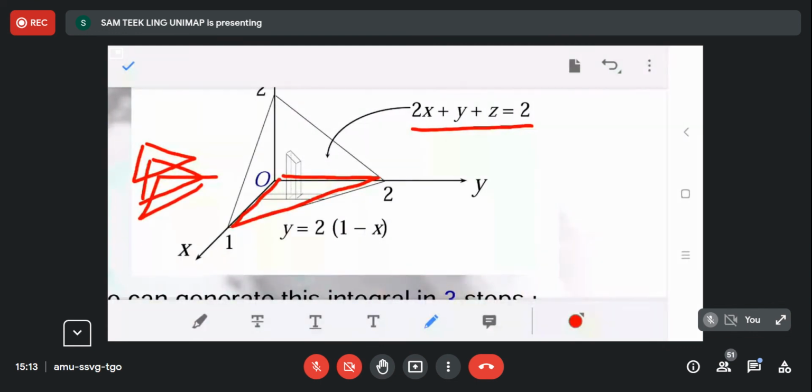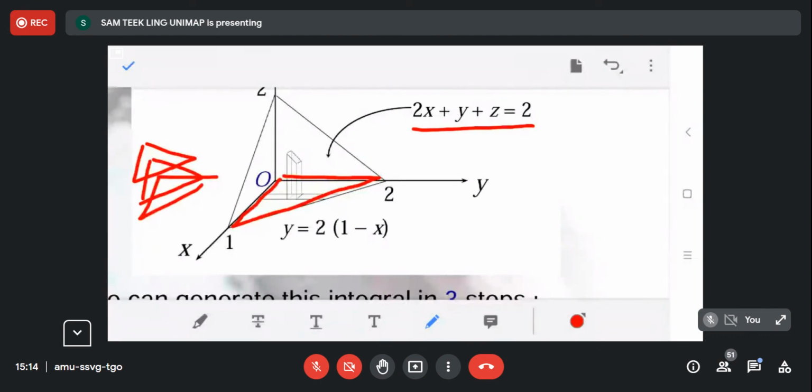So you put together, you become a volume. This is the same meaning. So start z equals 0, then you add one surface, one surface, one surface. You combine all surfaces, it will become a volume.